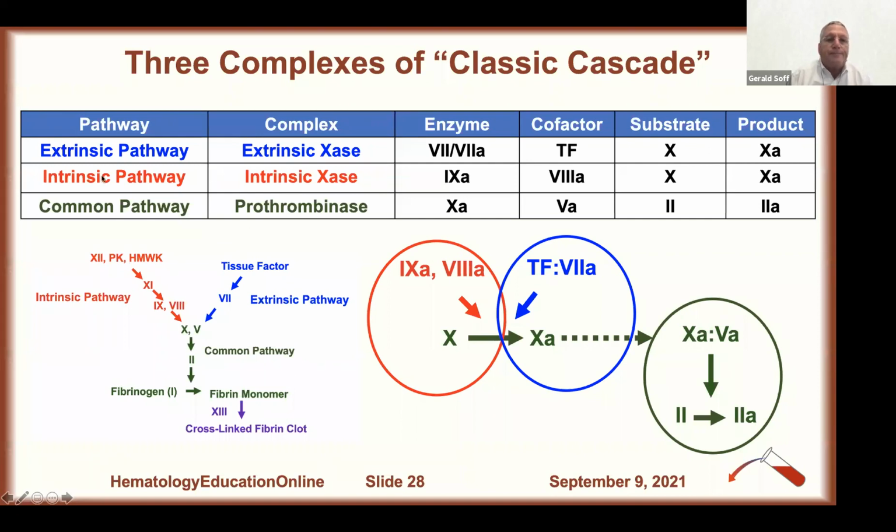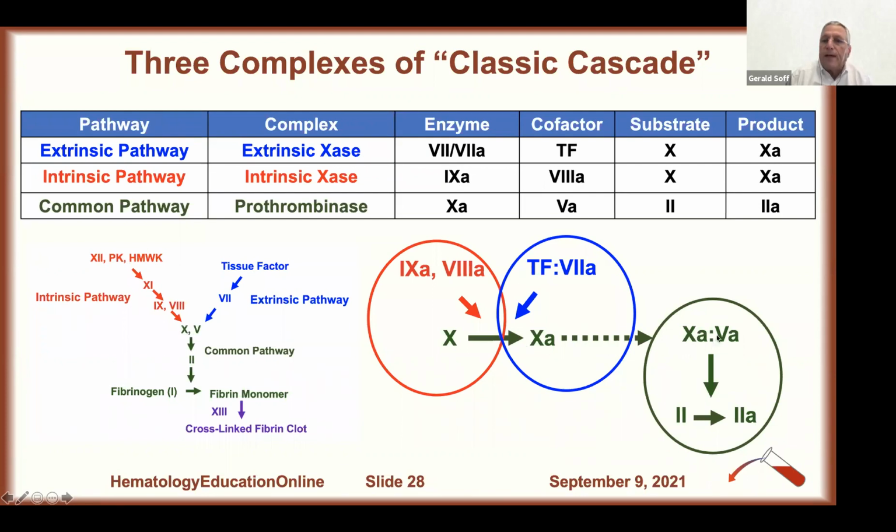In addition, there's the intrinsic 10-ACE, which uses factor 8A as the cofactor, factor 9A as the enzyme, and again, factor 10 as the substrate converting it to 10A. So this is where we've classically thought of the extrinsic and intrinsic pathways, each feeding in and activating 10, the beginning of the common pathway.